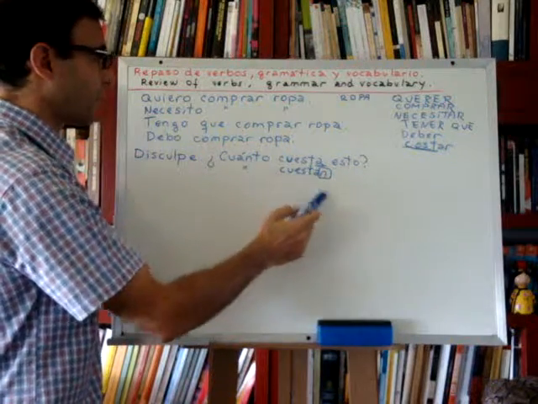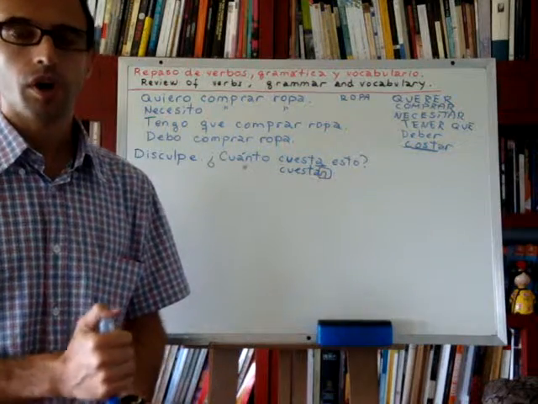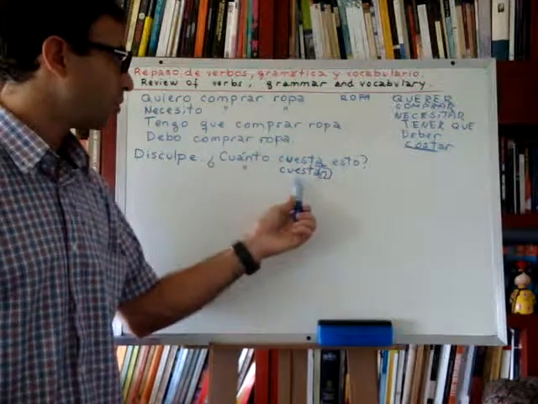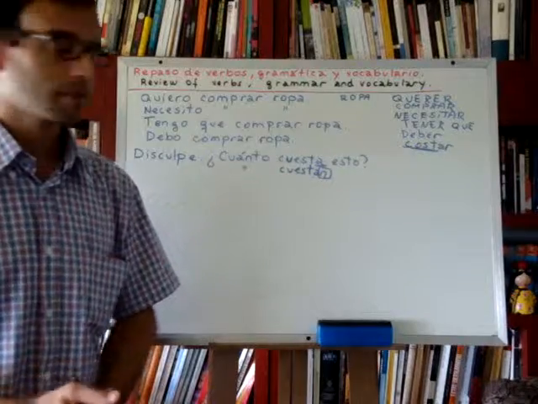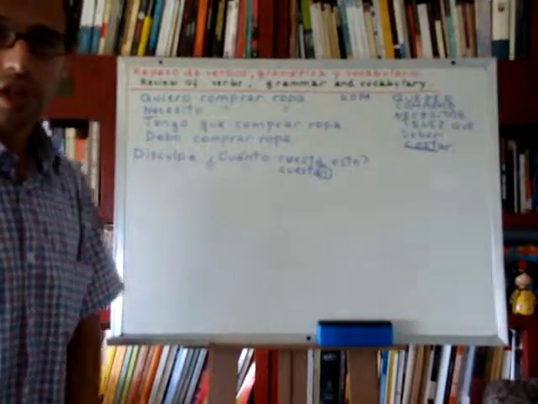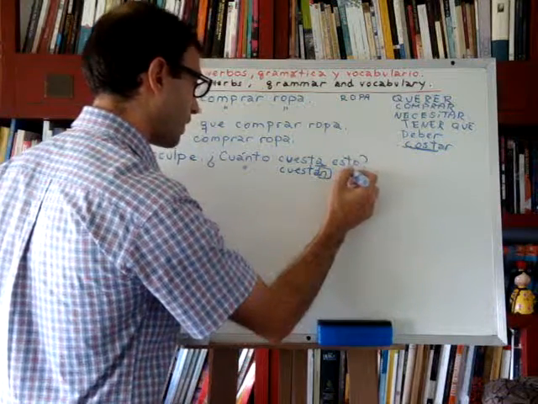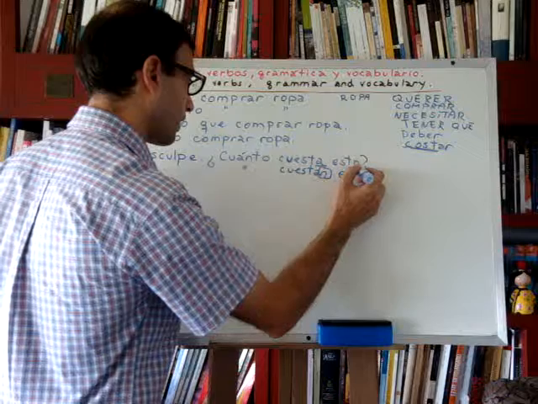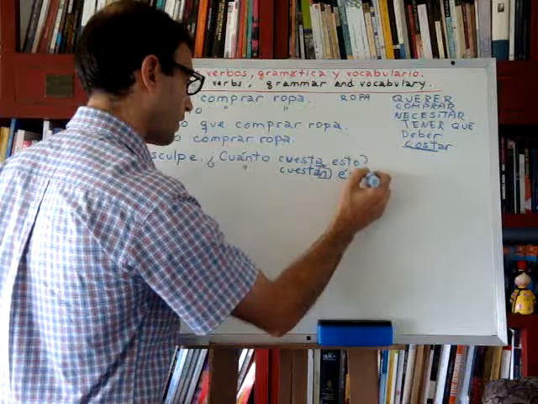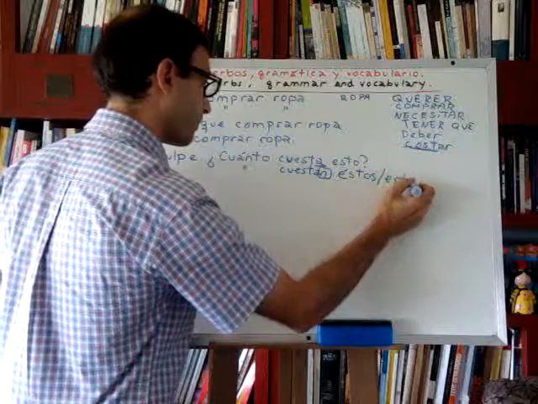So, when the objects we are asking for are plural, we change to the conjugation of they. And instead of esto, that means this, we would say these, estos or estas.